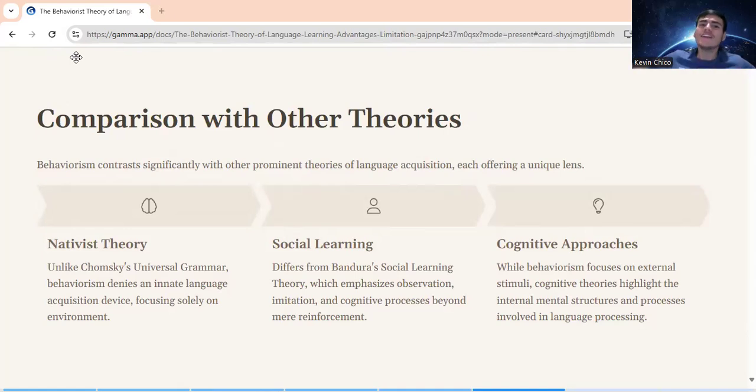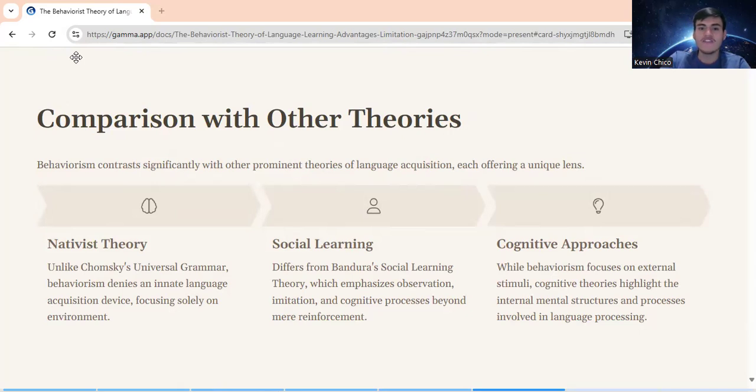Comparison with other theories. Behaviorism contrasts significantly with other prominent theories of language acquisition, each offering a unique lens. Nativist theory: unlike Chomsky's universal grammar, behaviorism denies an innate language acquisition device, focusing solely on the environment.